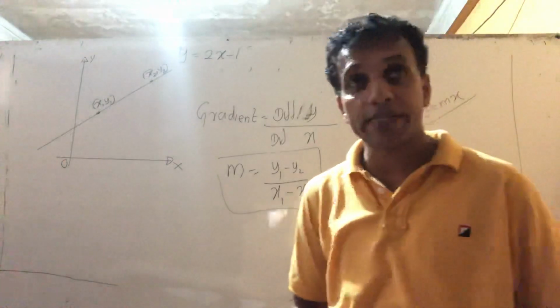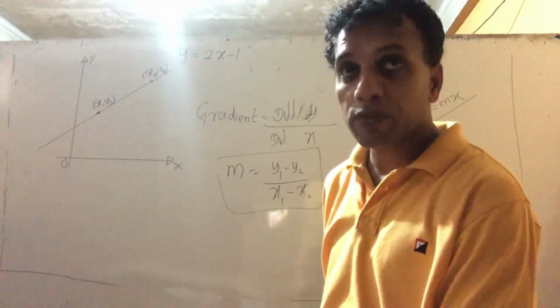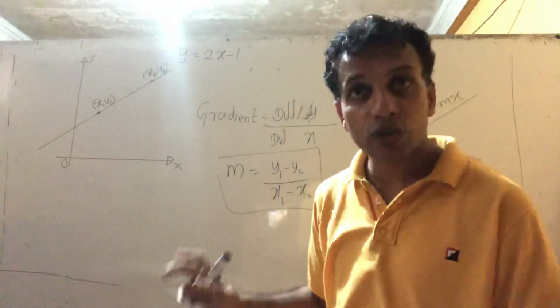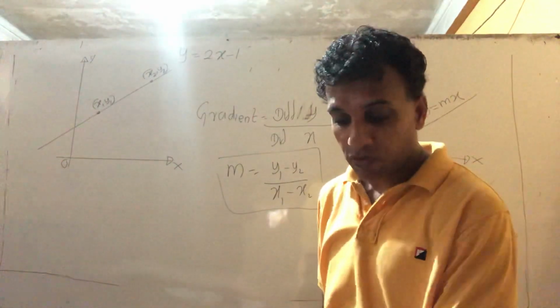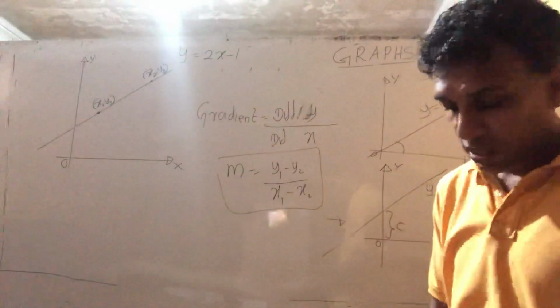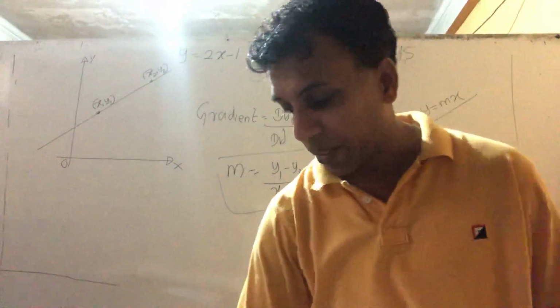Here we use it in the grade 10 gradient problems. I explain clearly using the diagram also. Method of finding the gradient: difference between the y coordinates, divided by the difference between the x coordinates.